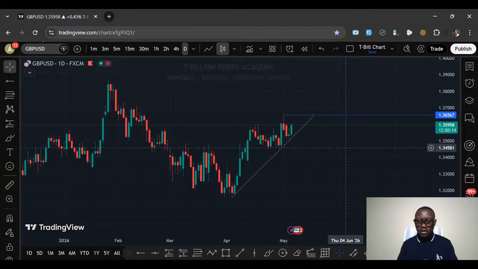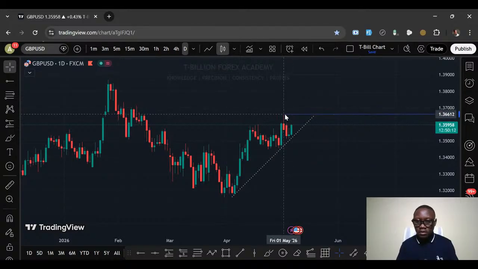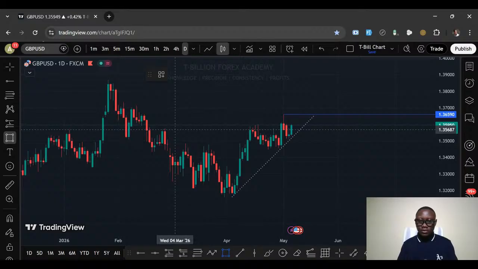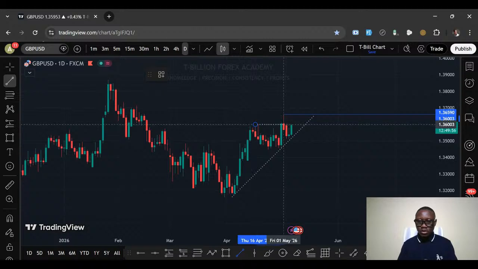There's a buy side liquidity, this guy right here. And we have that, and price reacted here, there's a recent break of structure to the upside, right? This is it.